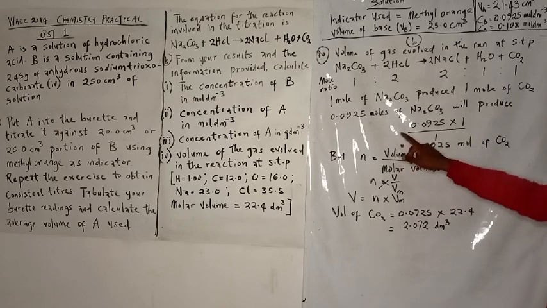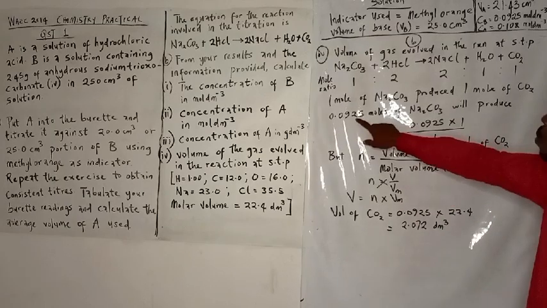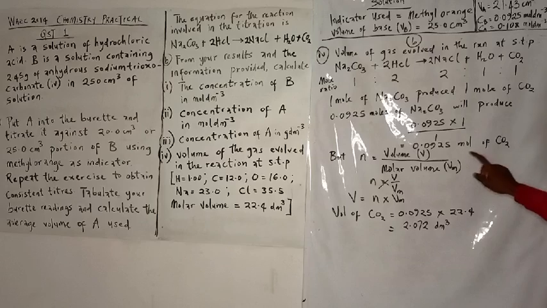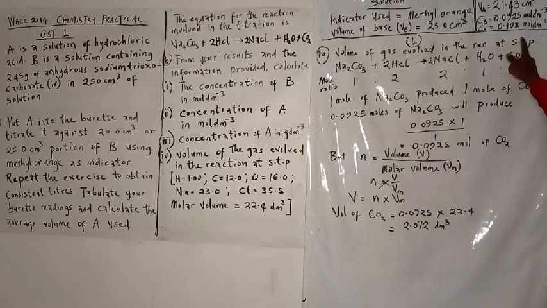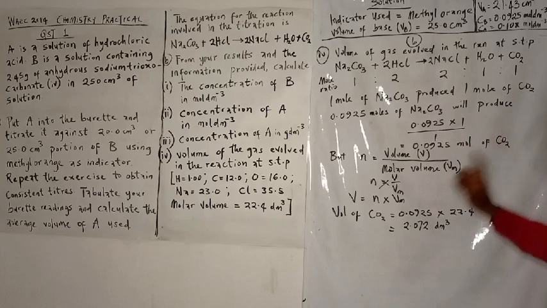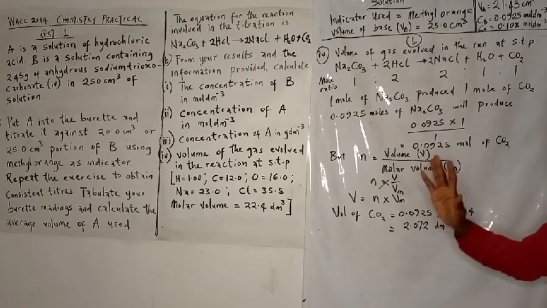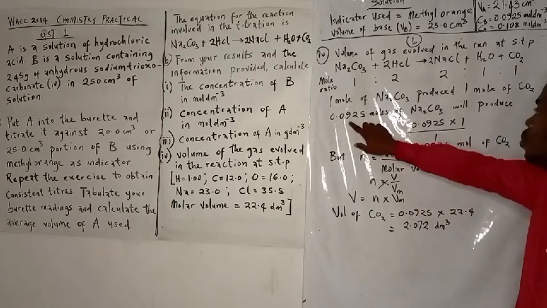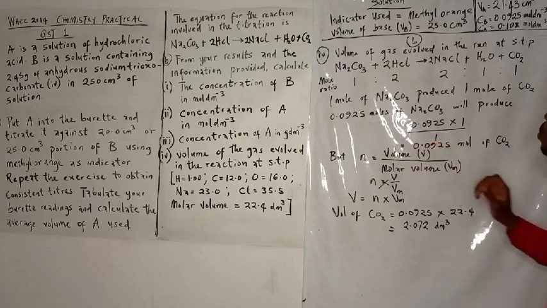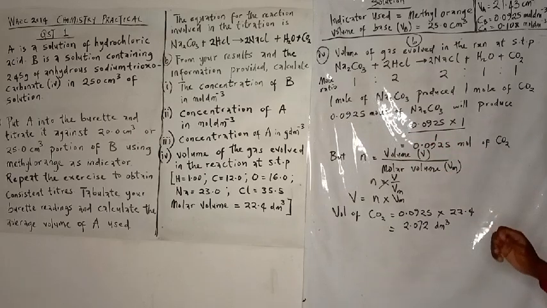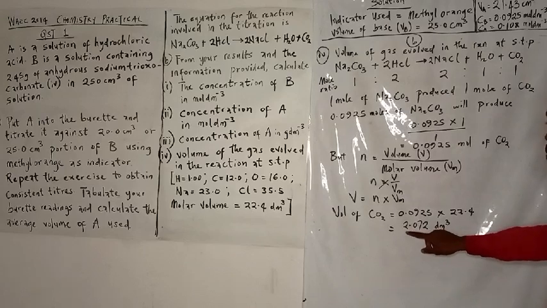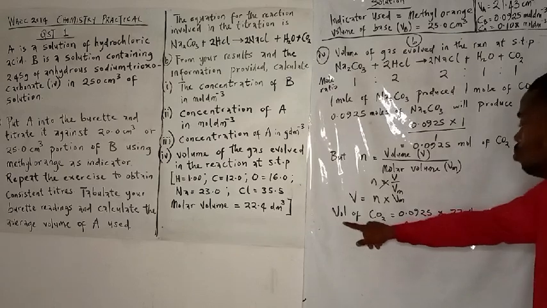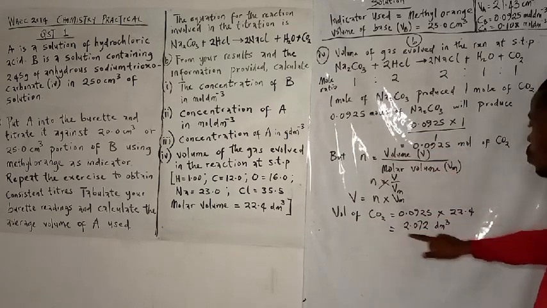Remember that the number of moles we used to get the number of moles for our CO2 was the number of moles in 1000 cm cube. So in 1000 cm cube, you have 0.0925 moles, and that number of moles will liberate 2.072 dm cube of CO2, because that's what we used to arrive at this answer.